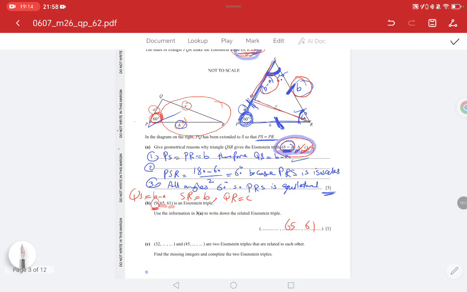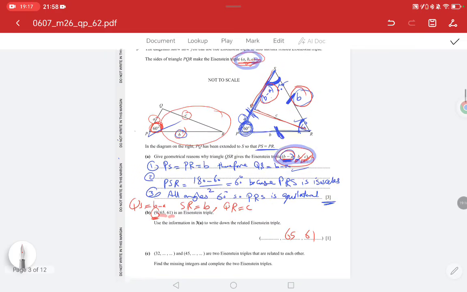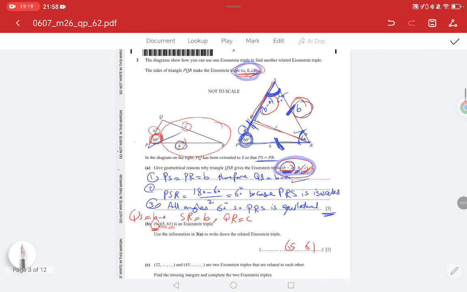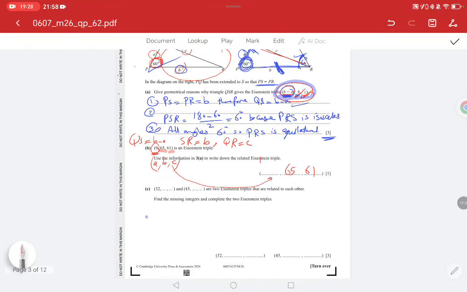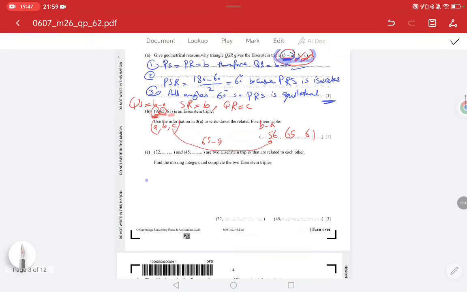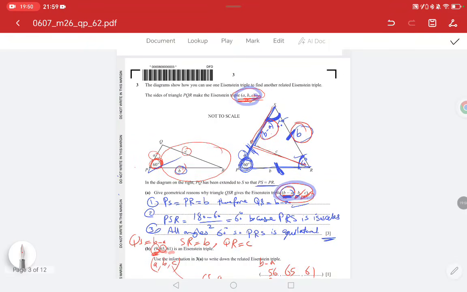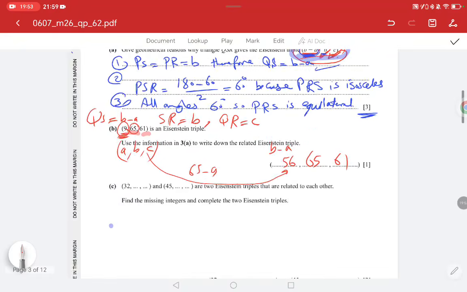This 9 should be B minus A, like if this is ABC, okay, so if I want to find this one is B minus A, I have to subtract this one minus this one, so it should be 65 minus 9, okay, so in this case this one is 56. Okay, again we are just following the given formula, this one and here and this one. Okay, good.